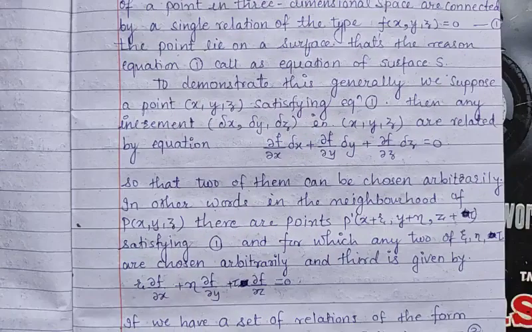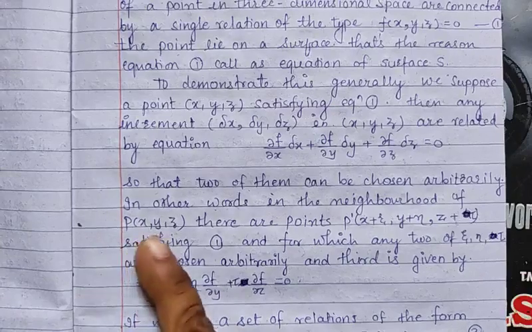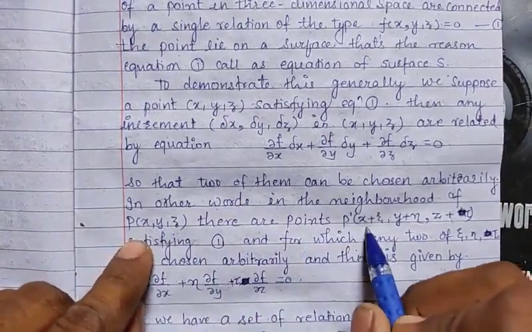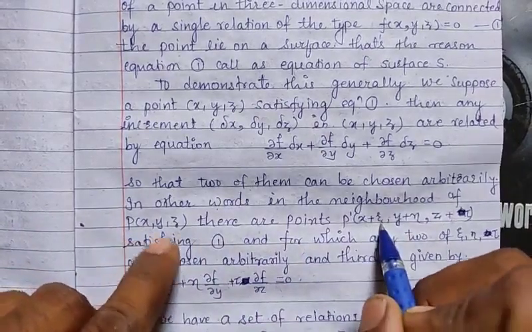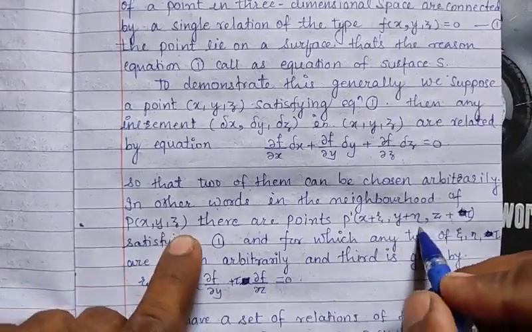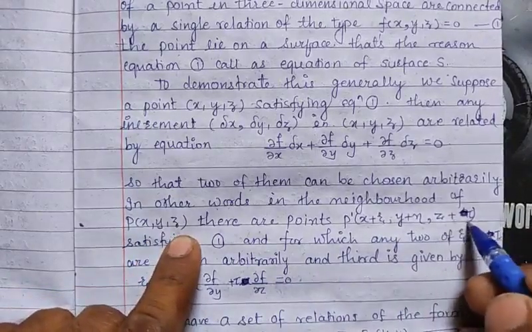In other words, in the neighborhood of the point x, y, z there are points. For x we get the point x plus xi, for y there is a neighborhood point y plus eta, and for z there is a neighborhood point z plus tau.